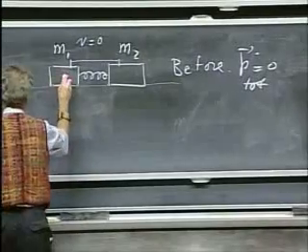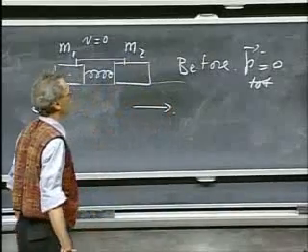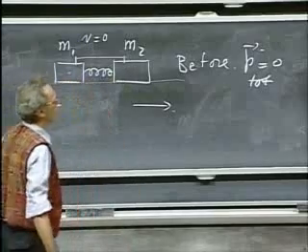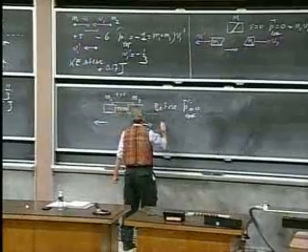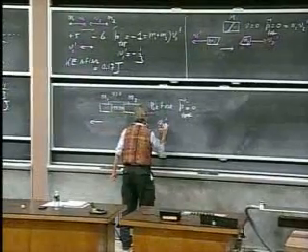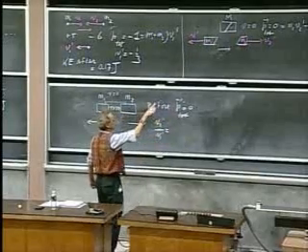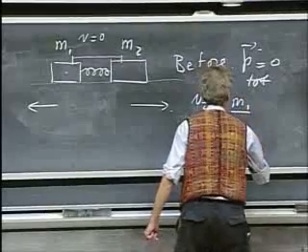And so this object will fly in this direction, and this object will fly in that direction. And you already can tell what the ratio of the velocities will be, because you will see that v2 prime divided by v1 prime equals m1 divided by m2.